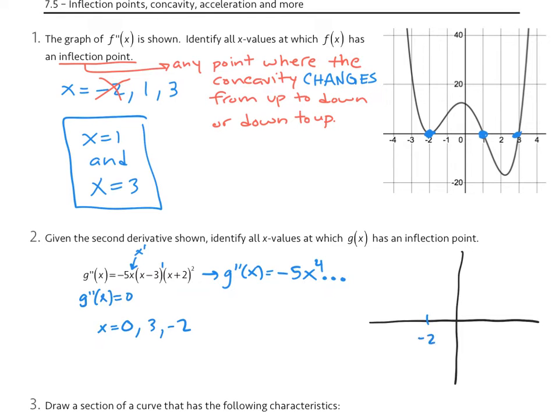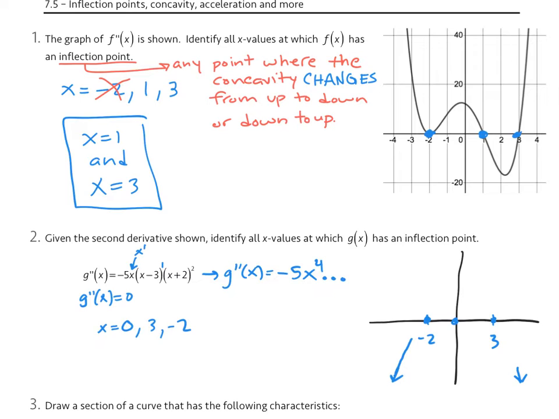Let me mark those on my function. So the graph of the second derivative has to pass through those 3 points. If we think about the behavior of this second derivative, it's going to be a fourth degree, and its end behavior is going to be below the x-axis on the left and the right side. And so that means it's going to be coming up toward this x-intercept.